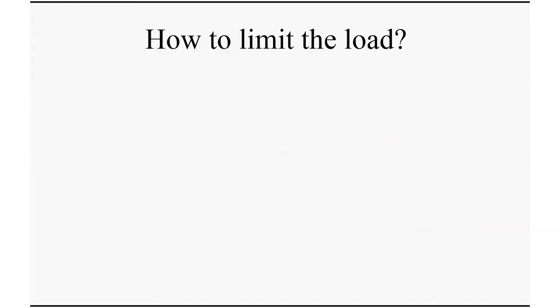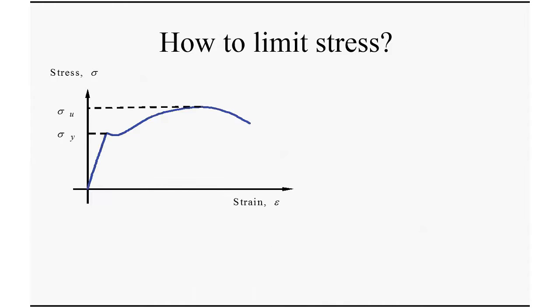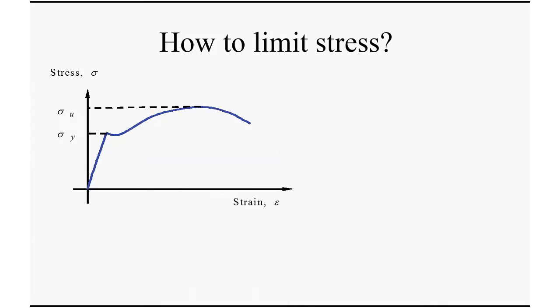All right, so to limit it, we said that you have to limit stress, right? So now another concept. Here's a stress-strain curve. For the material, I have to limit it. Definitely, I don't want it loaded over here. That's my red zone, I don't want to go beyond that.